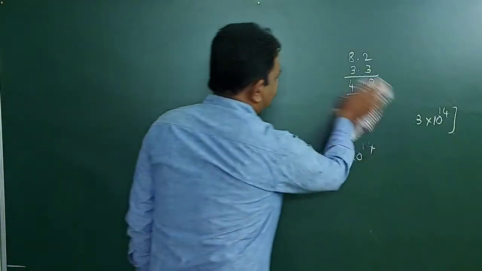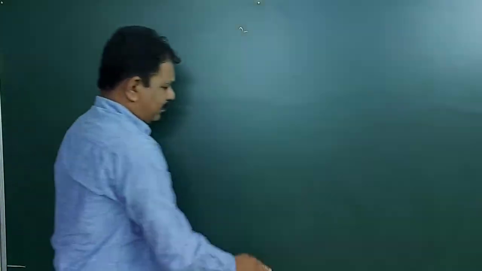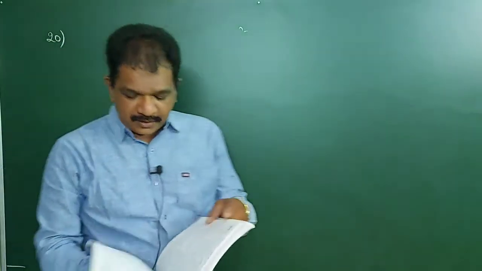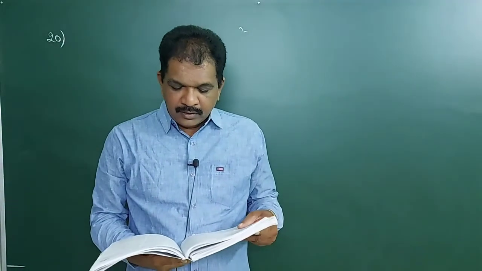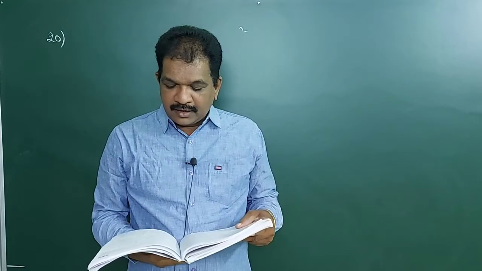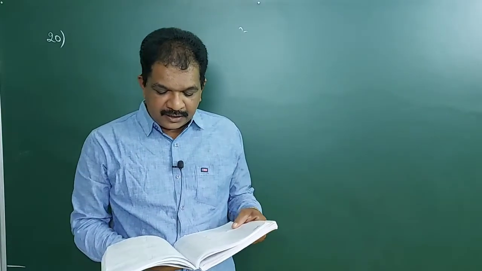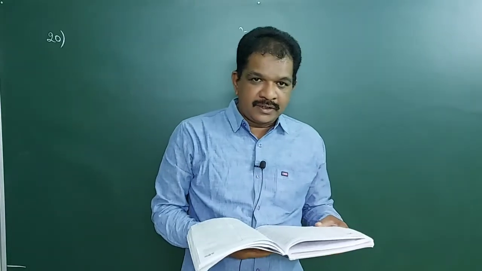20. What they are asking: an electron in the hydrogen atom jumps from the excited state n to the ground state.